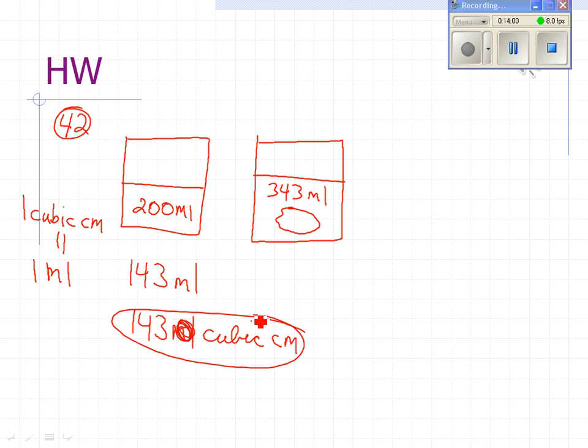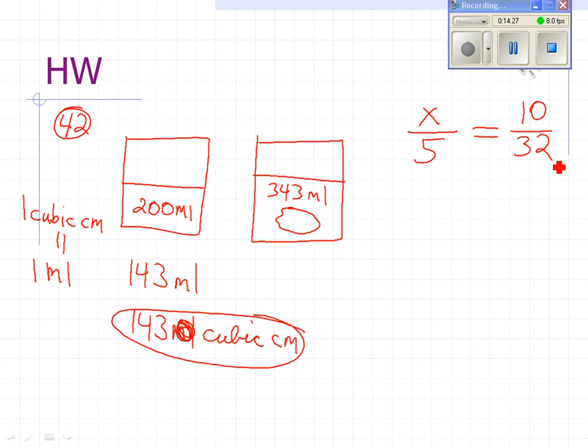We'll do stuff like this later on in the year. And instead of just being 1-to-1 like that, we'll set up a proportion. How do you do it? Cross multiply and do all that stuff, right? We could have done the same thing here.